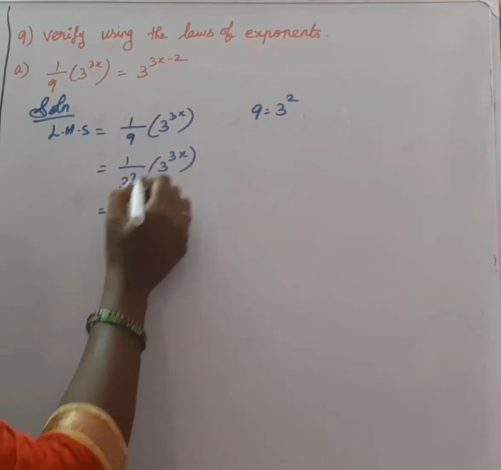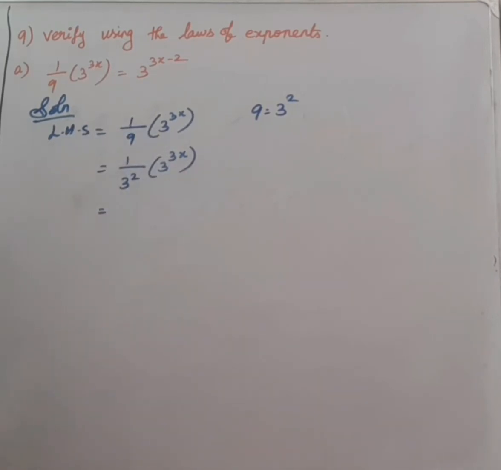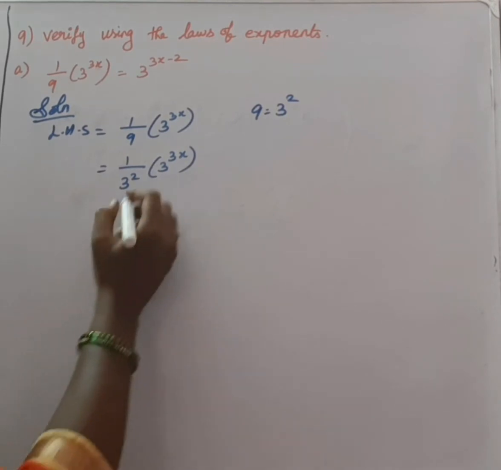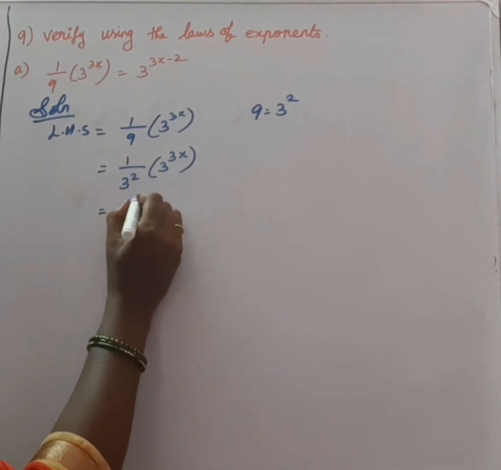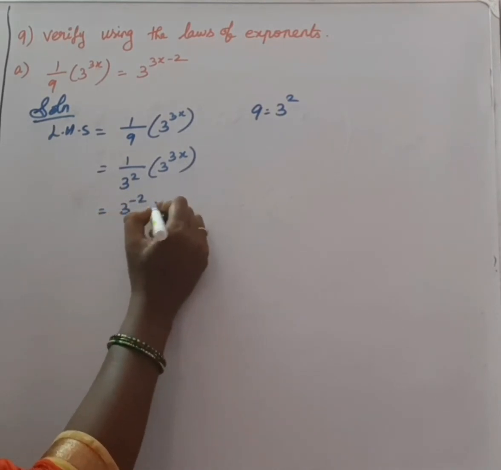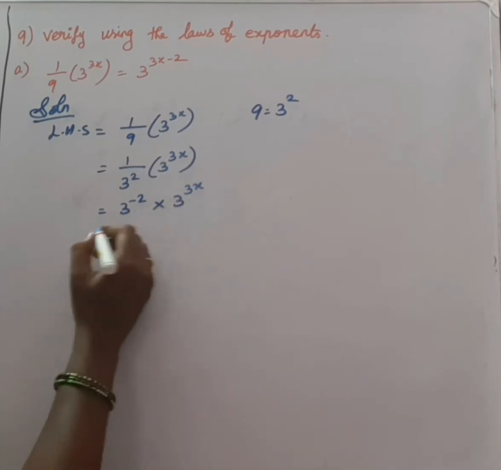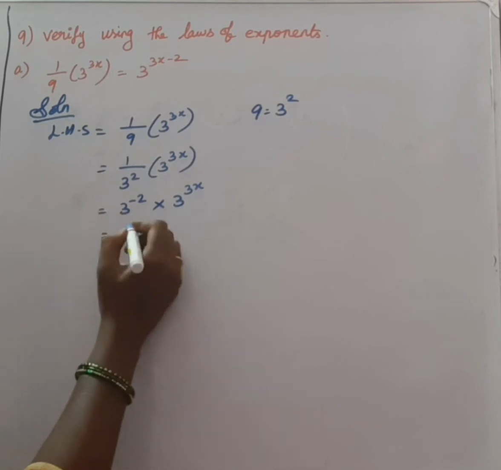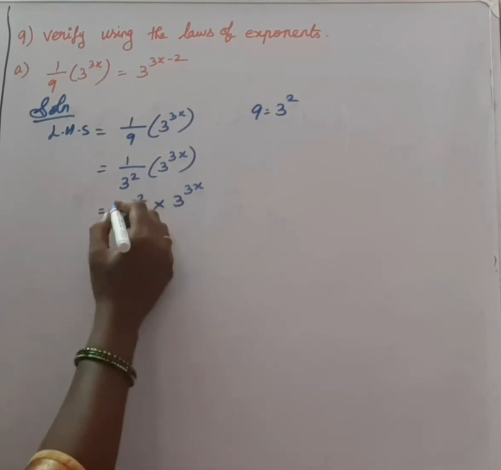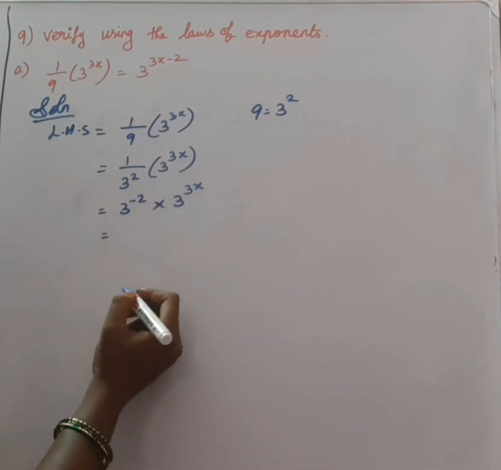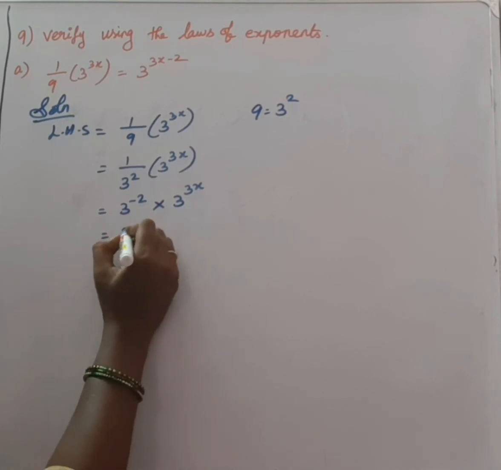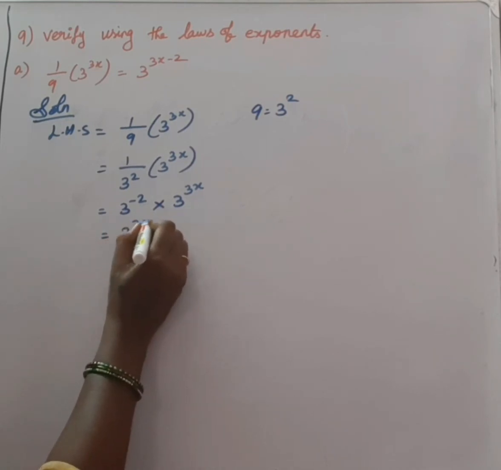If we take this to the numerator, it becomes 3 power minus 2 into 3 power 3x. The operation is subtraction, so 3 power 3x.